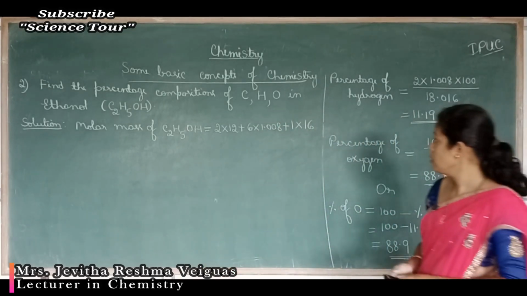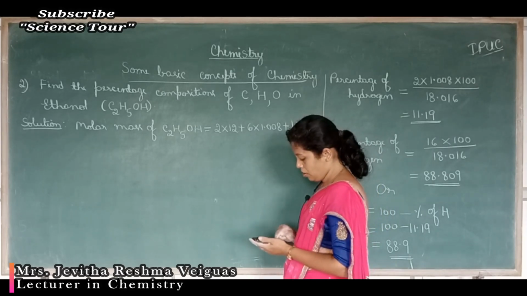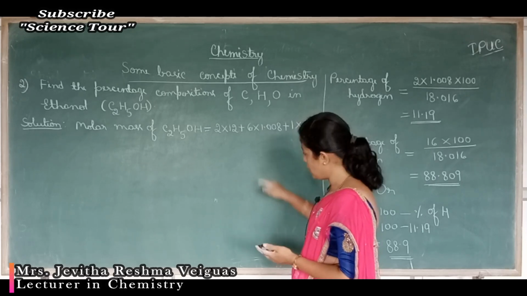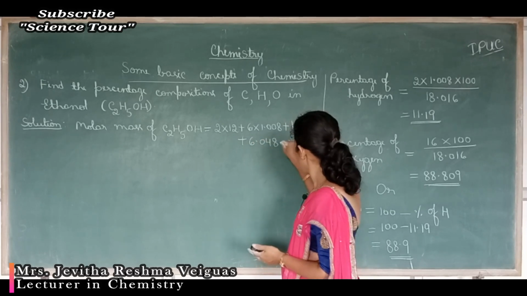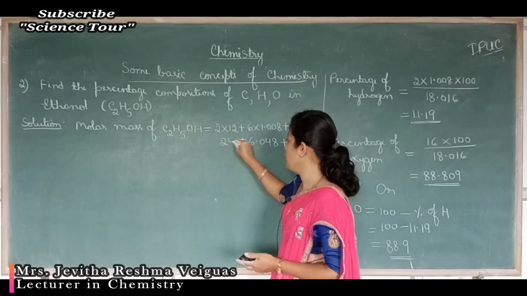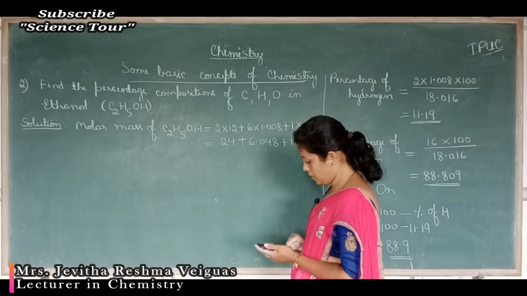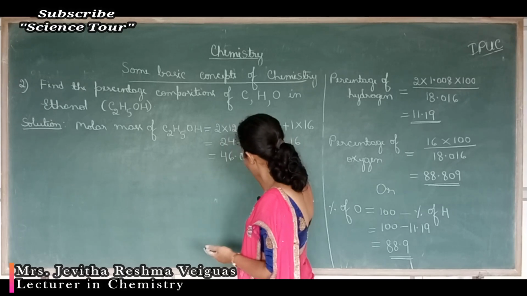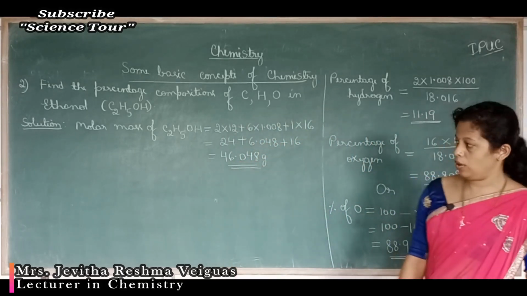So 6 into 1.008 is 6.048, plus 1 into 16 is 16, 2 into 12 is 24. Add all these: 24 plus 6.048 plus 16, and you will get 46.048 grams as the molar mass of ethanol.